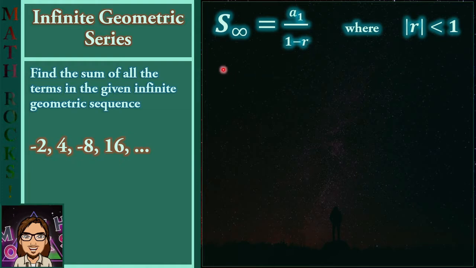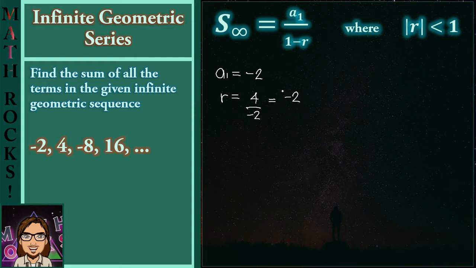Once we take a look at the information in our problem, we have a sub 1 equal to -2, while the common ratio is equal to the second term divided by the first term, which happens to be 4 divided by -2, which gives us -2.